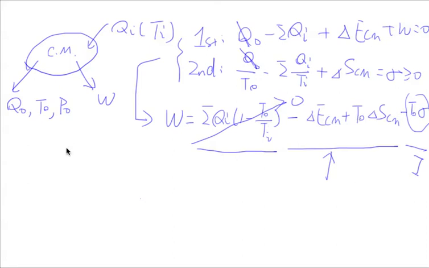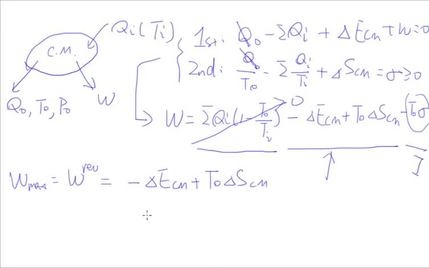So that's a reversible process. So work max equals work reversible, and that happens when this term is 0. So that's minus delta E_CM plus T0 delta S_CM.